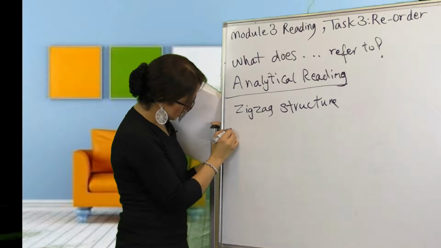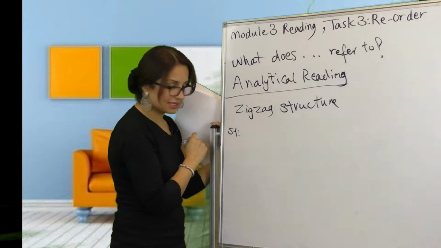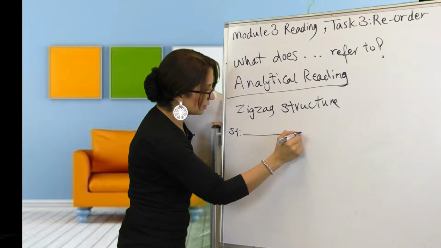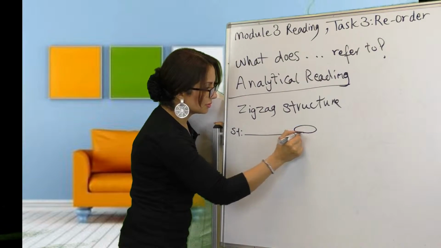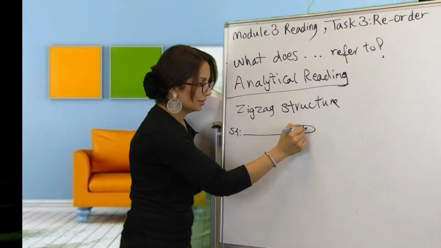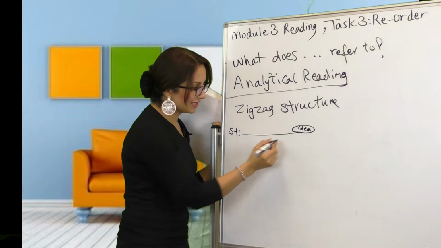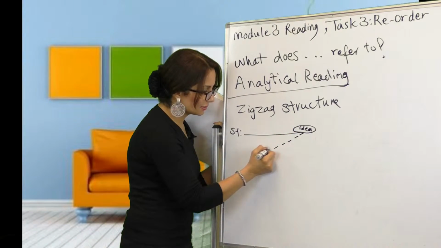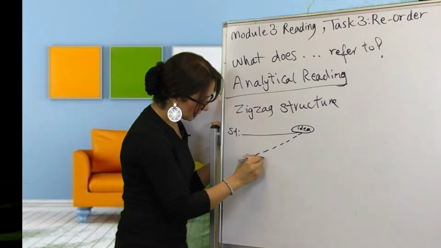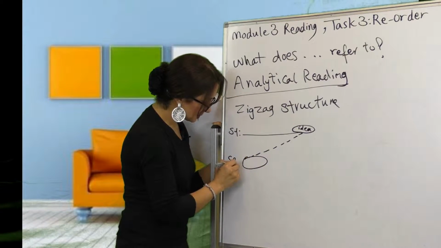Zigzag structure means in my first sentence I have an idea which is almost explained at the end of my sentence, and then I get the idea and expand it in my second sentence.